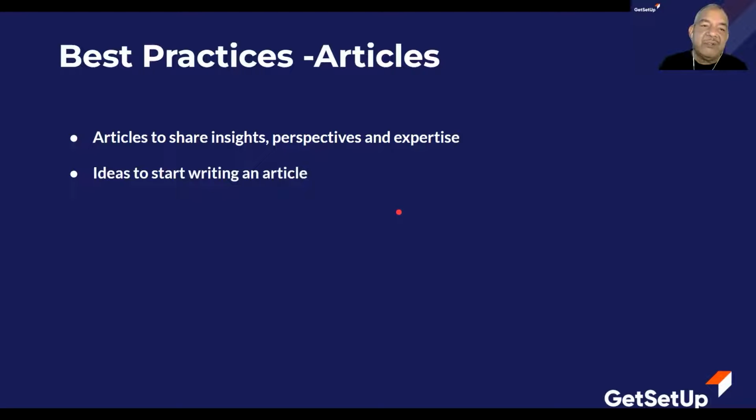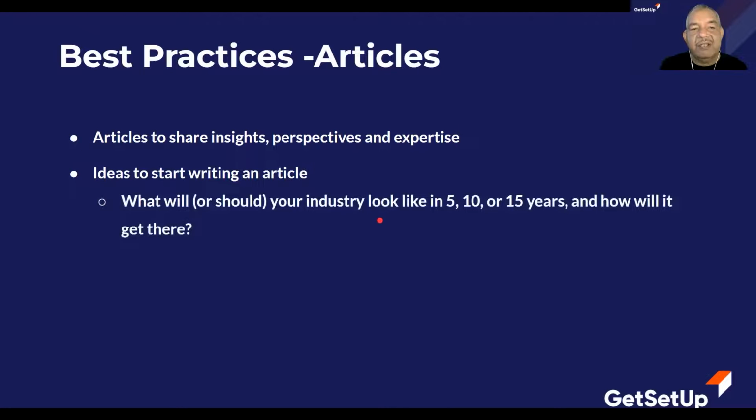Some of the ideas to start writing an article. In order to write an article, just ask yourself a couple of things. For example, if it's about an industry, what will or should the industry look like 5 to 15 years later? And how will it get there?